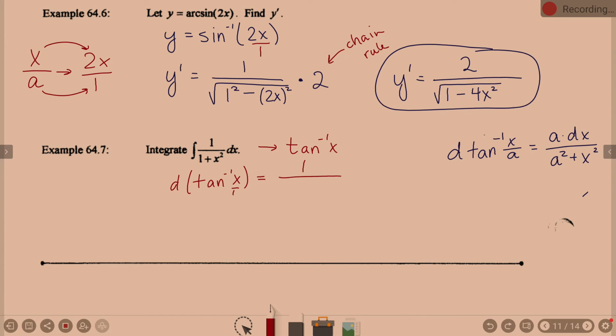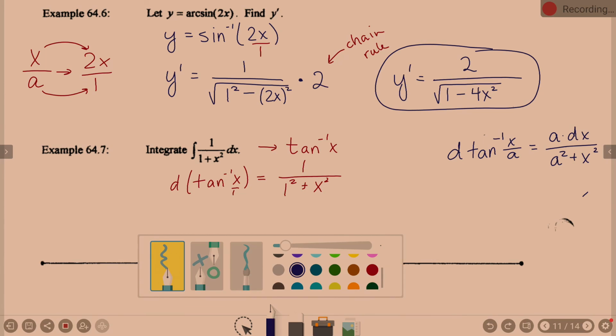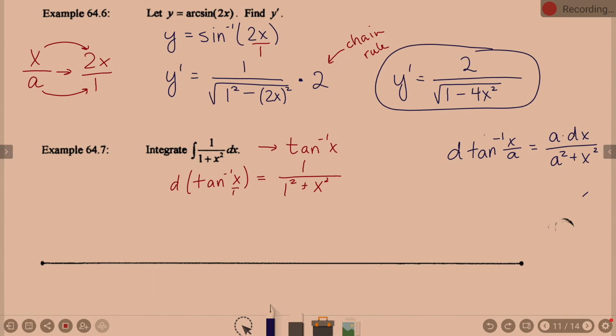So that's going to be 1 squared plus x squared. And what is my x value? It is actually just x this time. So the original problem was the integral of 1 over 1 plus x squared dx.